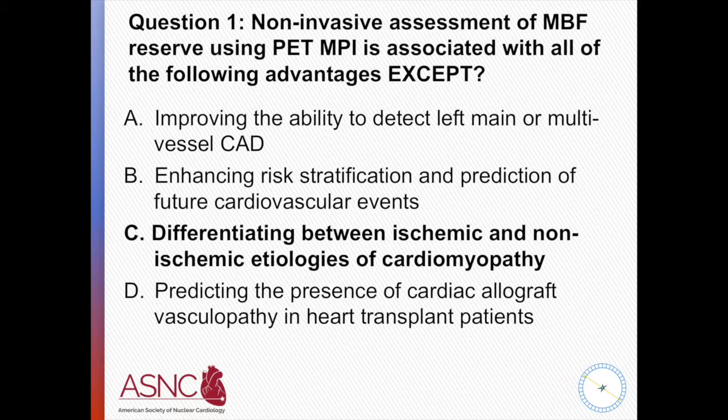So that's an area, I guess, of potentially important research, because it can be in some settings an important thing to be able to differentiate whether a person's cardiomyopathy is ischemic or is non-ischemic.